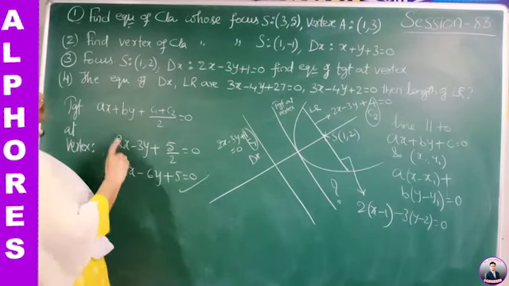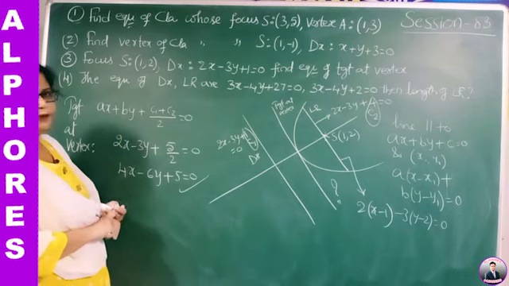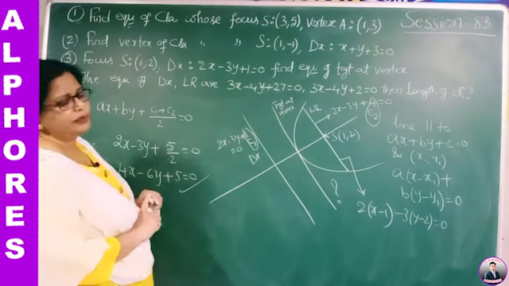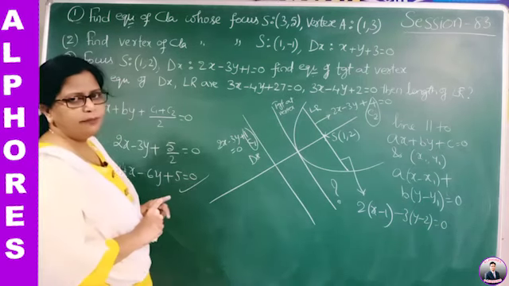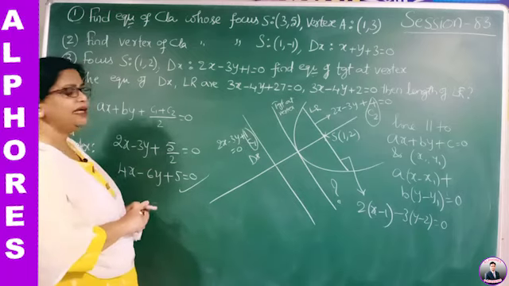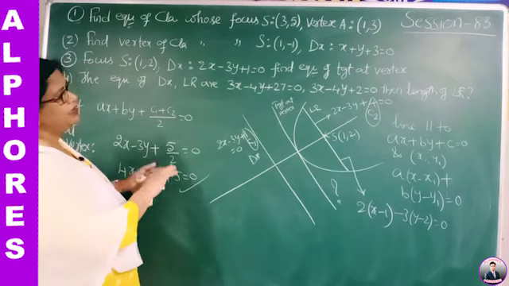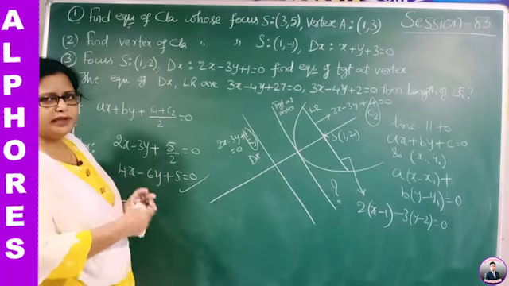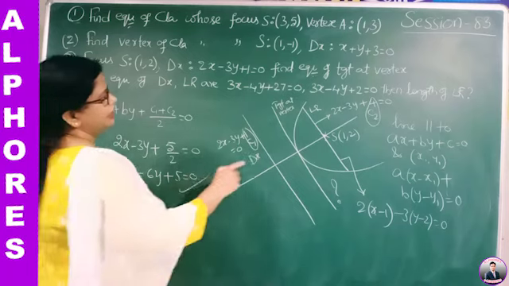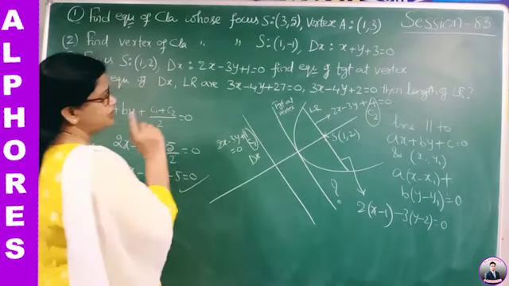So observe, whatever problem we are doing, if you are able to remember the standard form diagram, where the tangent at vertex is, where the focus is, where the directrix is, etc., then whatever data is given, you can immediately make use of the leftover values. Now here focus is given, directrix is given.